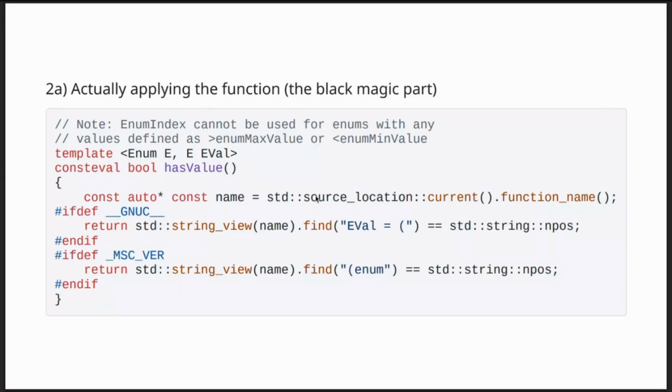So what this is literally doing is looking for the function name of this function, which we have templated on the enum, the value of the enum itself. And we see, okay.